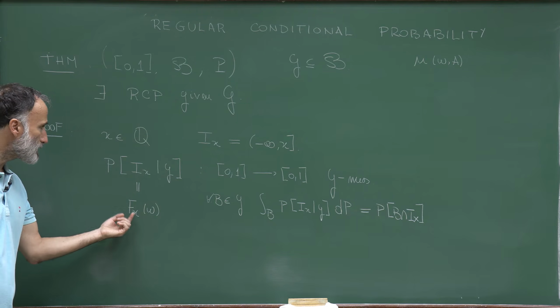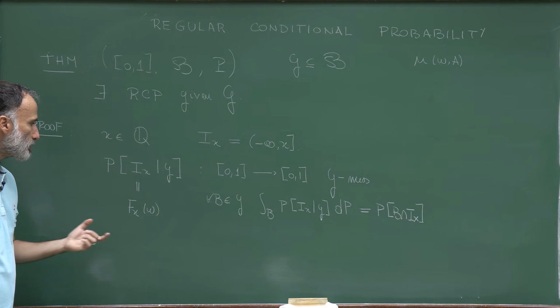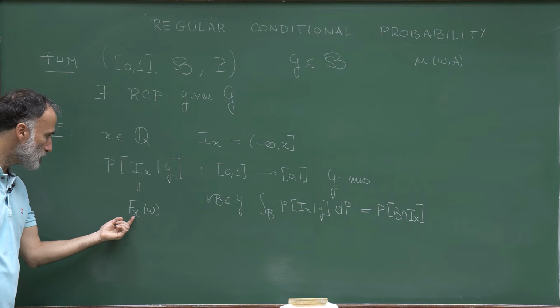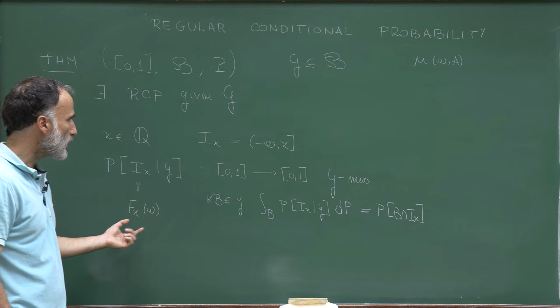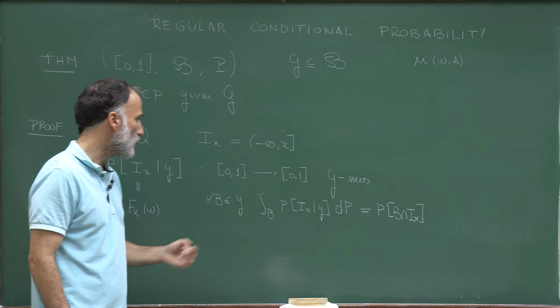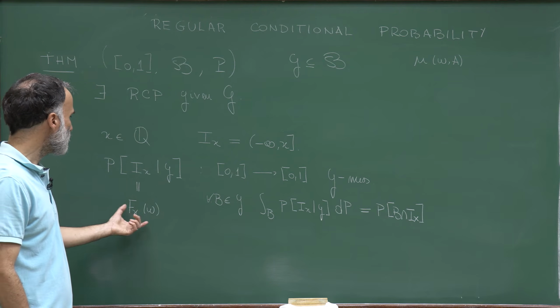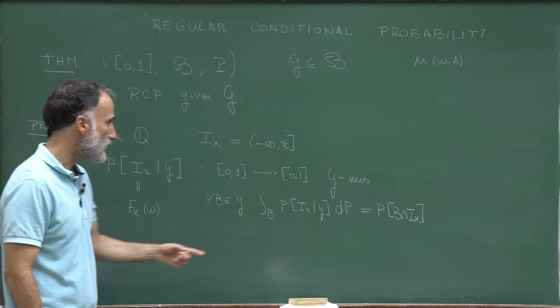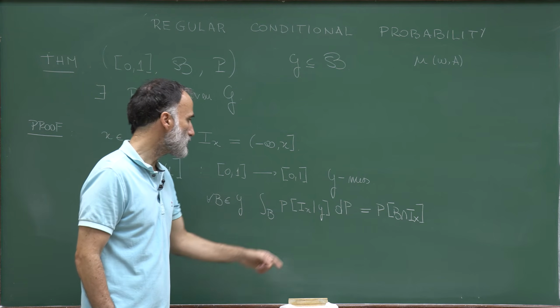So x is fixed, a rational number, and for that given fixed x, fx is a function from omega, which means [0, 1], to [0, 1], and this function fx is G measurable and has this property.